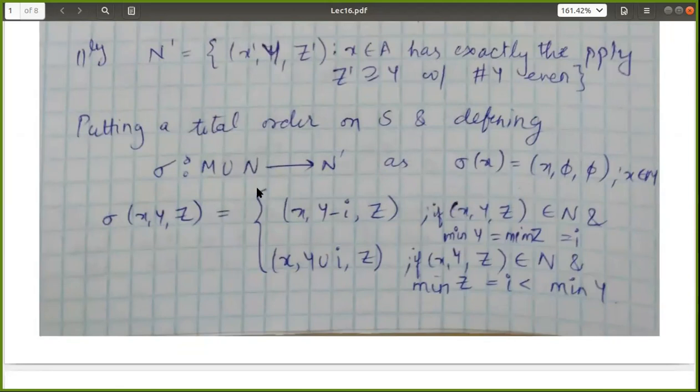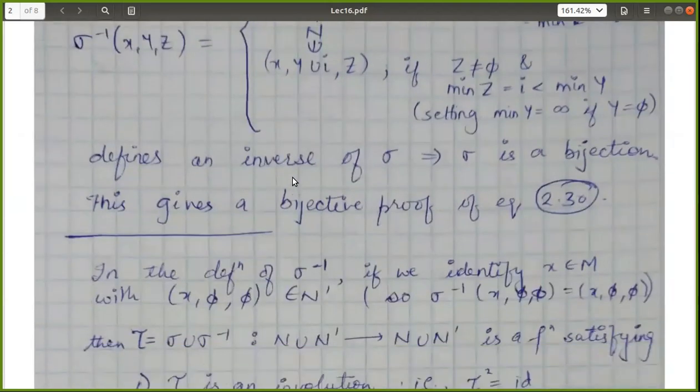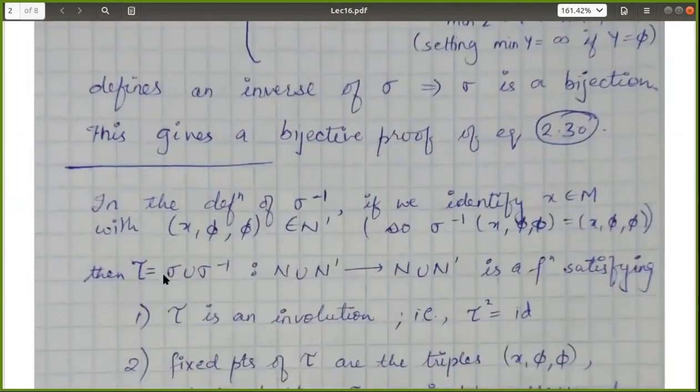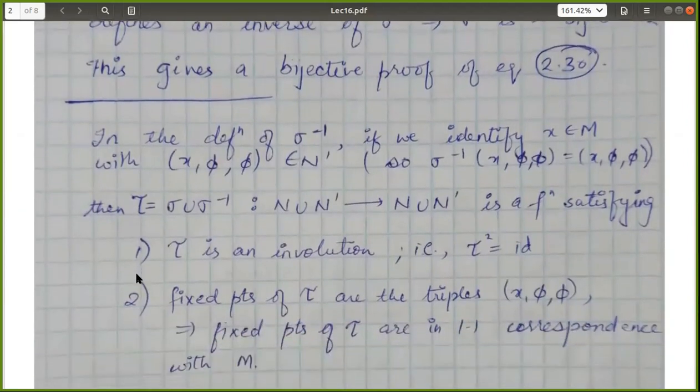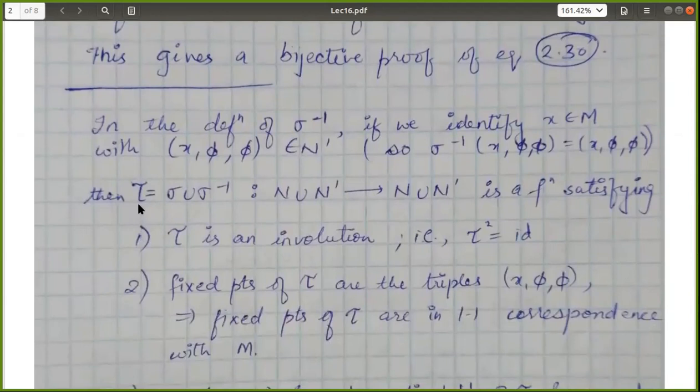You want to see what happens to the elements in n union n prime. So if you take the sigma union sigma inverse from the n union n prime to n union n prime, call this as your tau, then this is a function which satisfies the following properties. So tau, when applied twice on an element of this, comes back to the same element, which means tau square is identity.